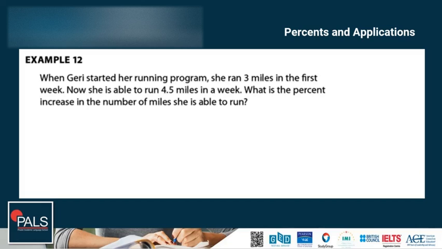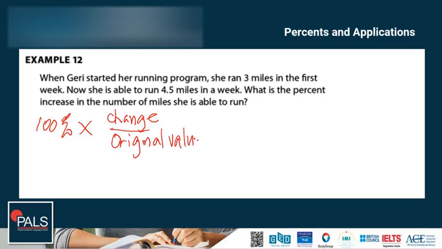Problems involving percent increase or percent decrease can always be solved using the formula: 100% times the change over the original value, where the change is the new value minus the original value.